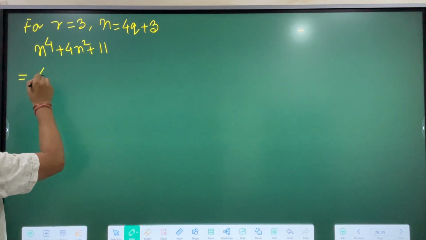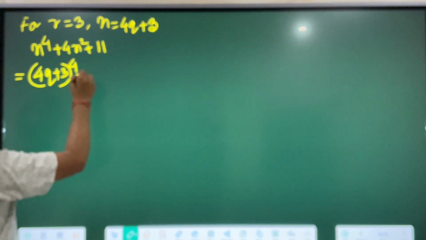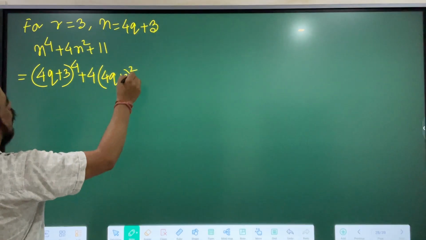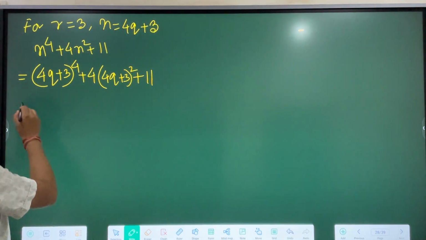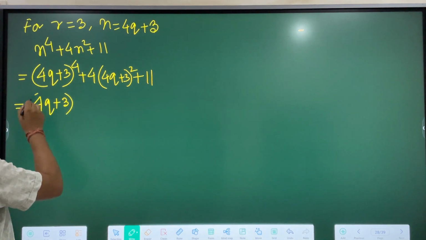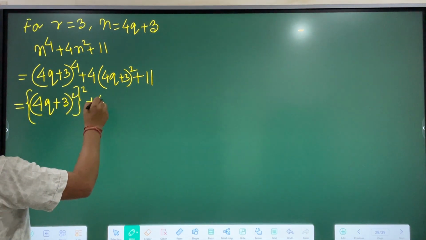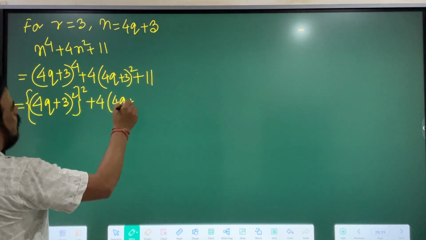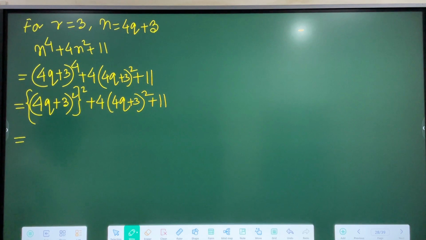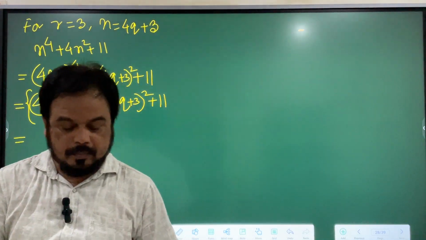So (4q plus 3) whole to the power 4 plus 4 times (4q plus 3) whole square plus 11. Now what you have to do? (4q plus 3) whole square, again square, then 4 times (4q plus 3) whole square plus 11. This calculation I have done already, so I am not going to waste the time.